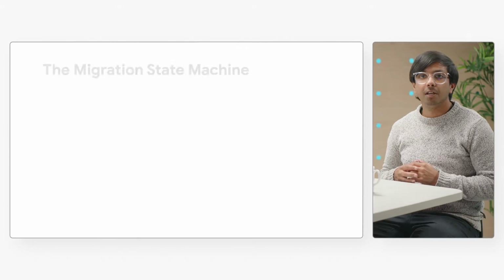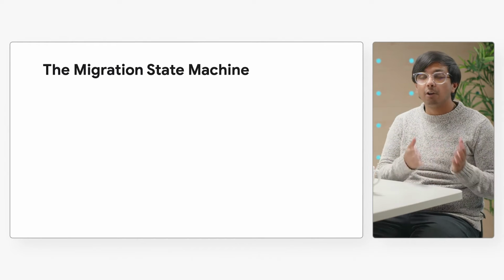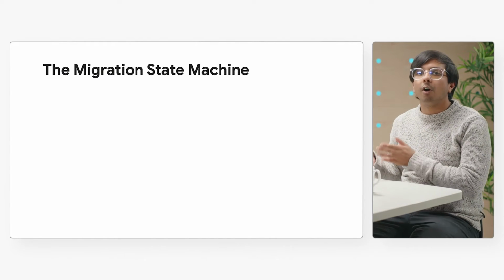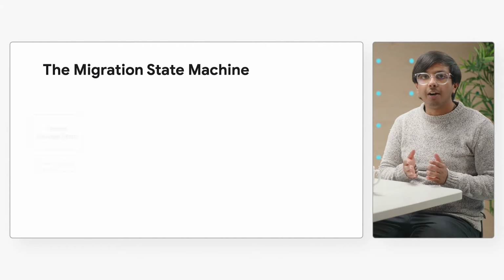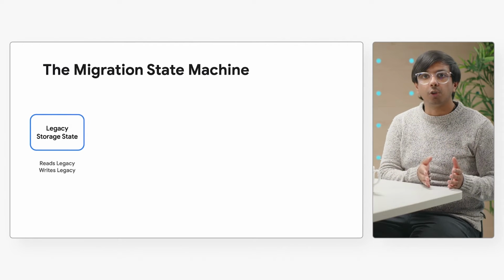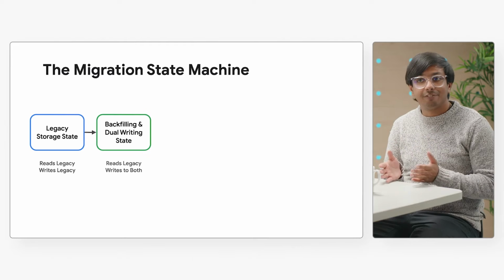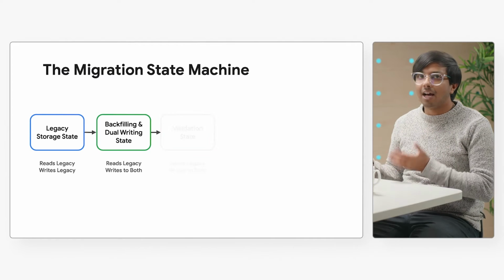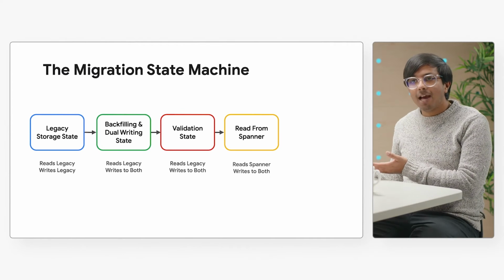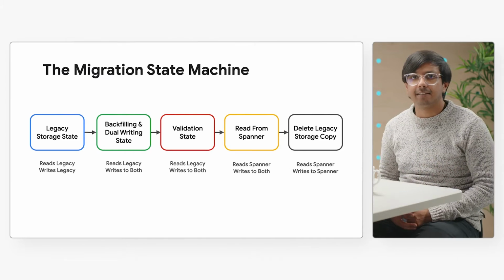One of the key things we decided was to do the migration on an account level, which meant that individual accounts were migrated one by one. The system ensured that the accounts went through a series of well-defined states, starting with the legacy storage system, continuing on to backfilling and dual writing, then validation, reading from Spanner, and finally deleting the legacy data.